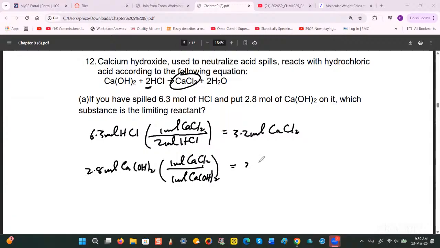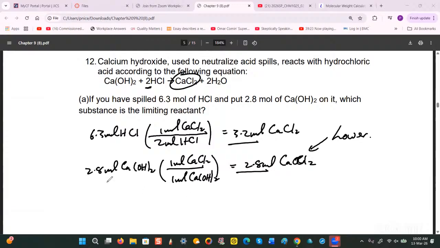This gives you 2.8 moles of calcium chloride, CaCl2, all right? Okay, so that's the first step: find out how much product you expect to get based on the amounts of each reactant. The next step is to compare these 2 to see which one is lower. This one is obviously lower, right?